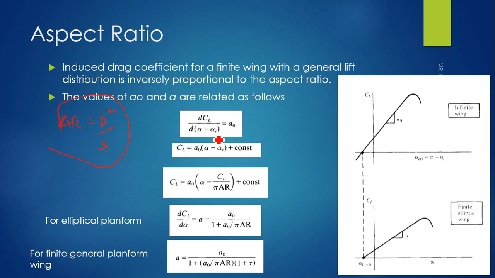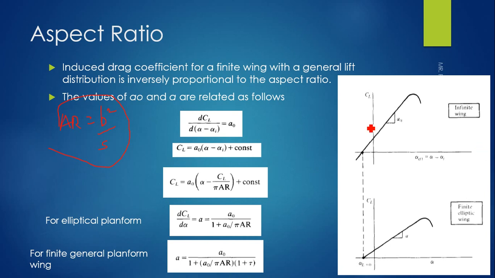Okay. So in the last class itself we have discussed that when the aspect ratio increases, induced drag decreases. The opposite will also happen. And also we know the aspect ratio is related to the lift coefficient, so it is an important factor for finding CL also.